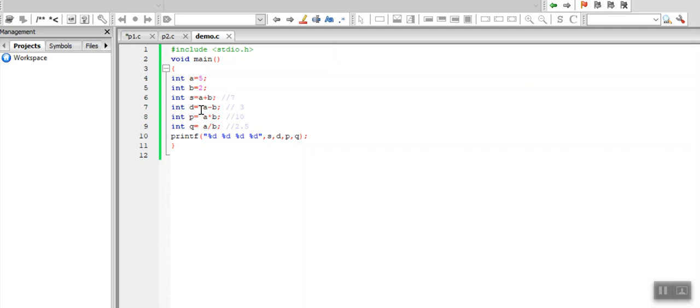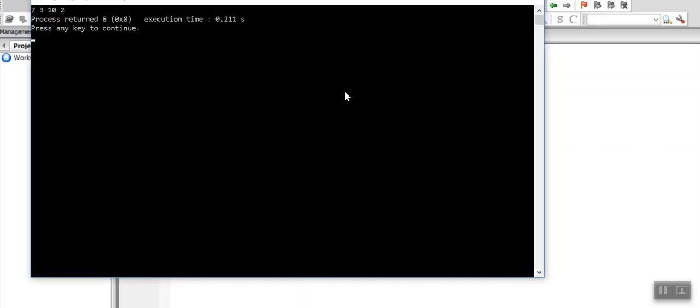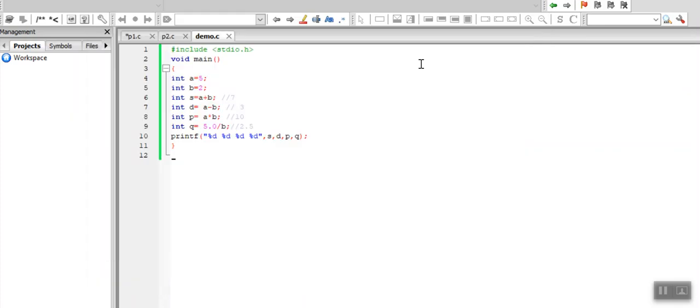But if one of them is a float value, for example, if we make this a by b, what should be the output over here? Still 2. Why is that now?